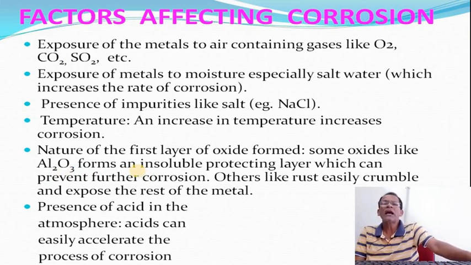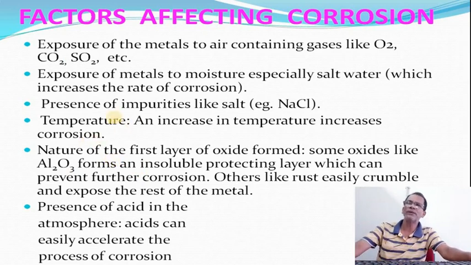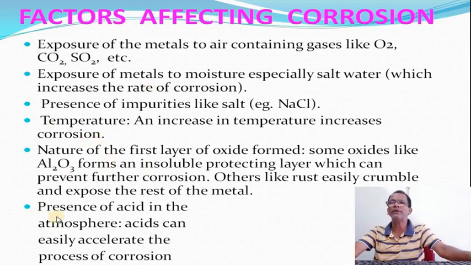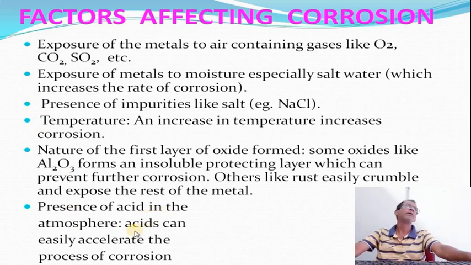That's why aluminium utensils will not be easily corroded, due to the formation of a stable oxide layer over the aluminium. Similarly, in the presence of acid, corrosion will be faster.